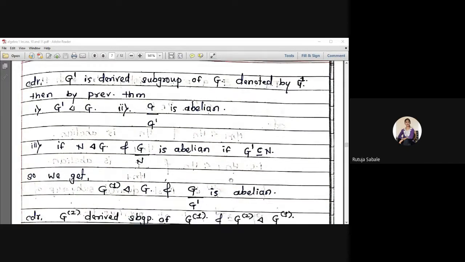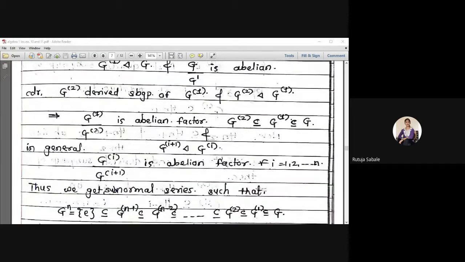Hence we get G2 is the derived subgroup of G1 and G2 is normal in G1, which implies that if this condition holds, then G1 upon G2 is an abelian factor. Why? Because G2 is contained in G1 is contained in G. Any doubt?